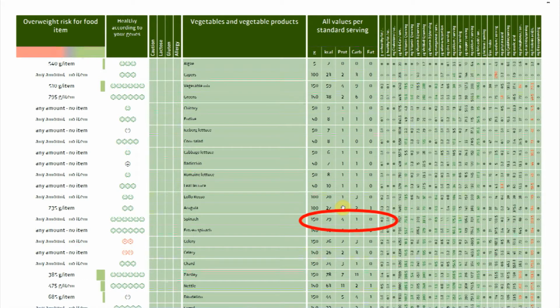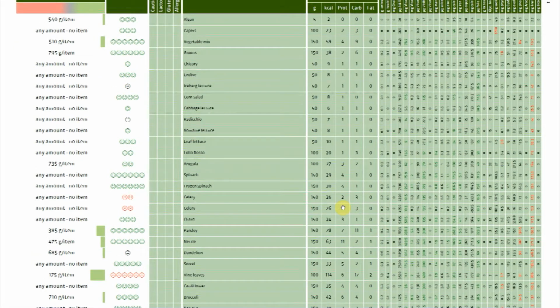That's why it's also a no item. Any amount, you can eat that whenever in between. So 29 kilocalories, 4 grams of protein, 1 gram of carbohydrates, and 0 grams of fat. So these are the important calorie-containing substances, just in case you're interested. And if you're not, as long as you just look at these bars, that's sufficient for your weight loss program.